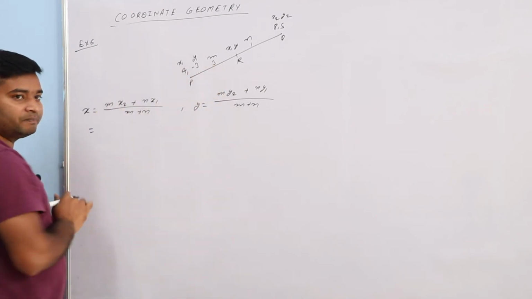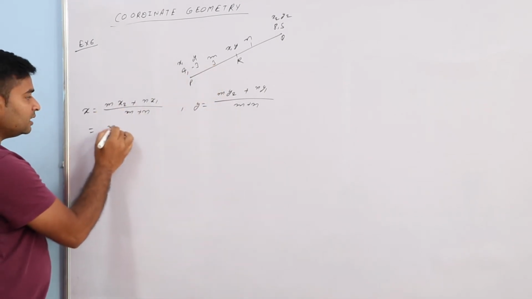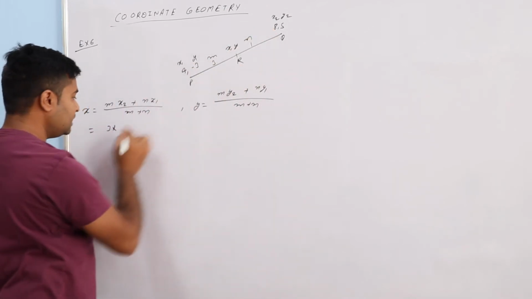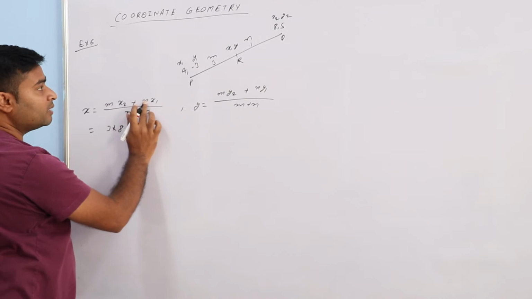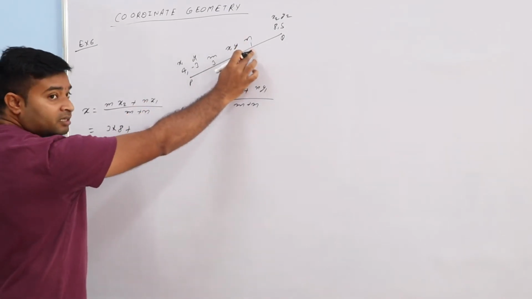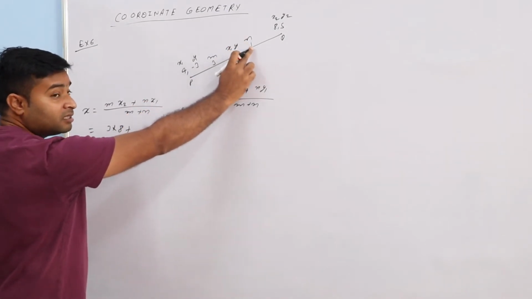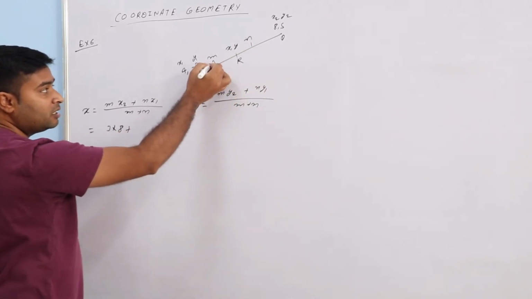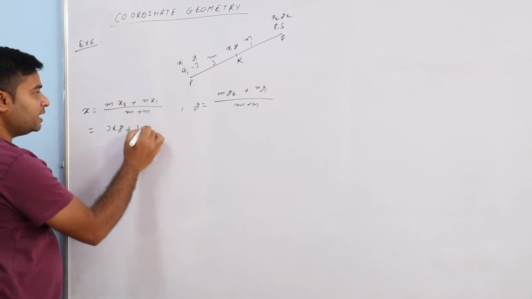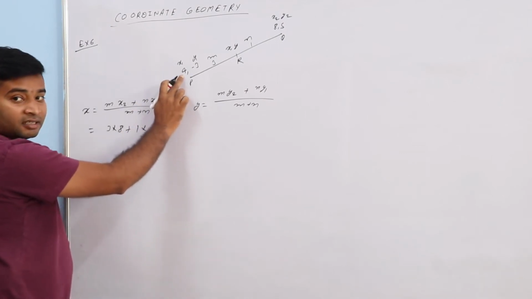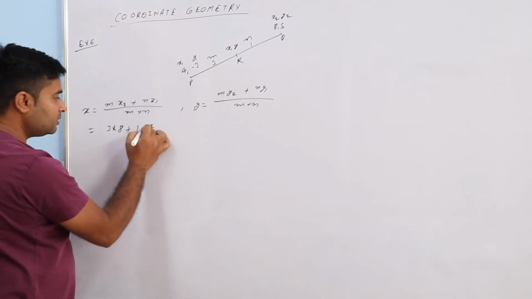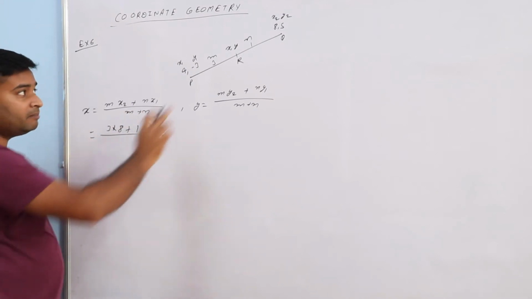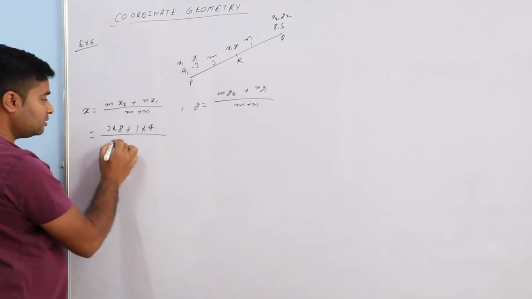m is here 3, into x2, which is 8, plus n. How much is n? We have assumed m is equal to 3 and n is equal to 1. So 1 into x1, which is 4, by m plus n. What is m? 3.